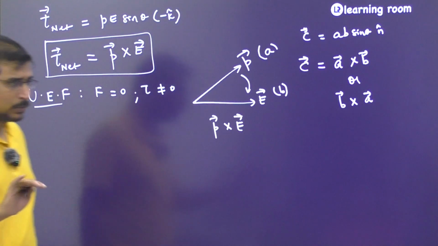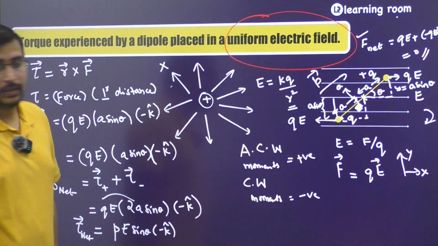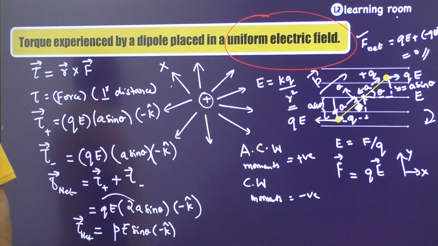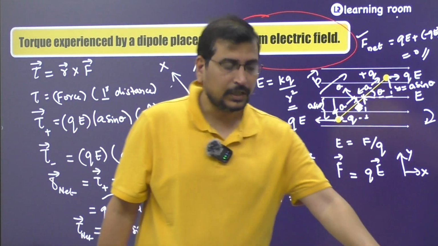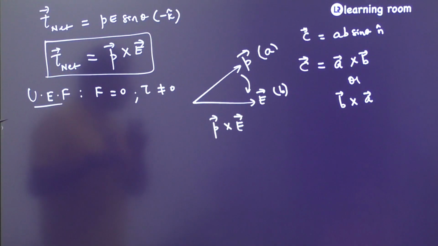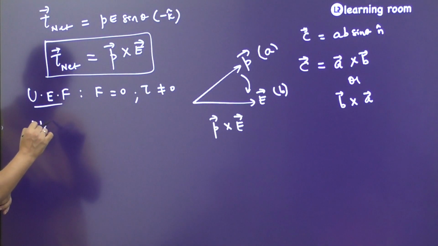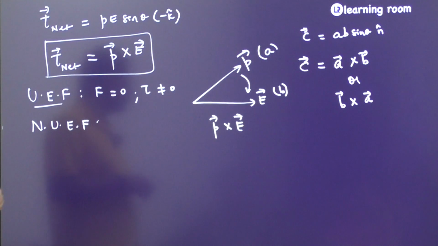Now I have a small question. Instead of them giving it as a uniform electric field, had they given it as a non-uniform electric field. You don't have the derivation, but you need to understand the concept. Had they told the same dipole is placed in a non-uniform electric field, then what do you think would be the changes?